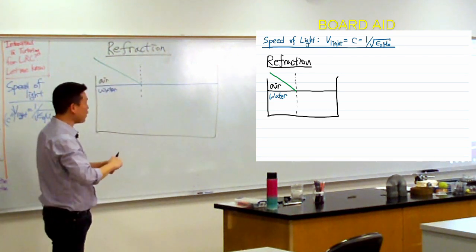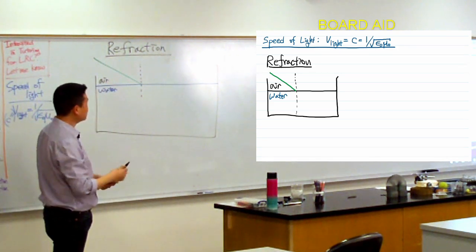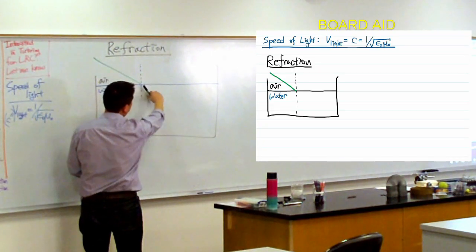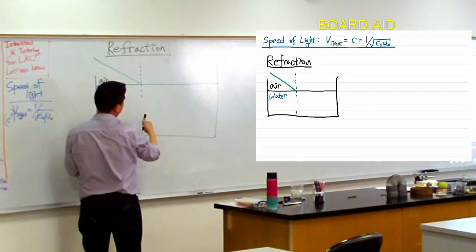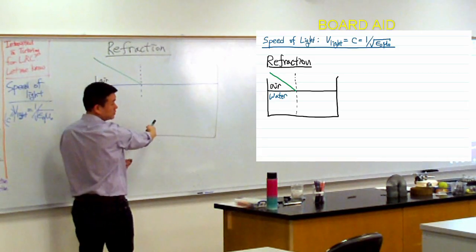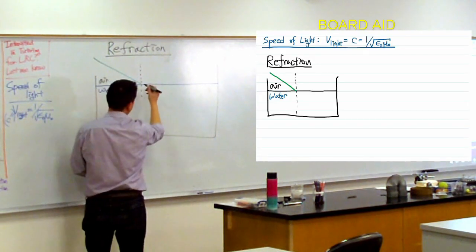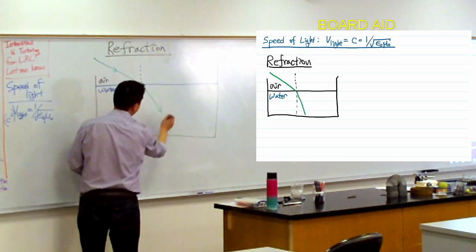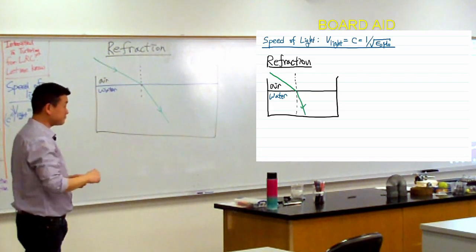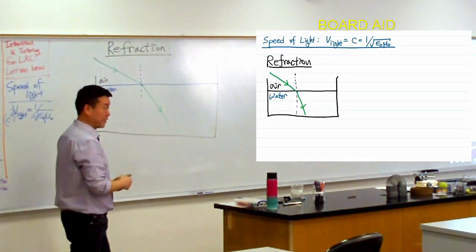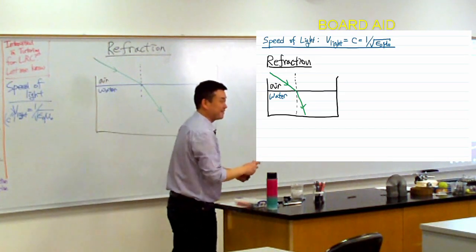And if you have thought about this for longer, what you might even figure out is that it changes direction in a way that as it goes into water, it bends towards what we call the surface normal, or the perpendicular to this interface. So it'll bend in this direction. As the light comes in, this is how it bends. Right? This is an experimental fact that I think all of us here are familiar with.